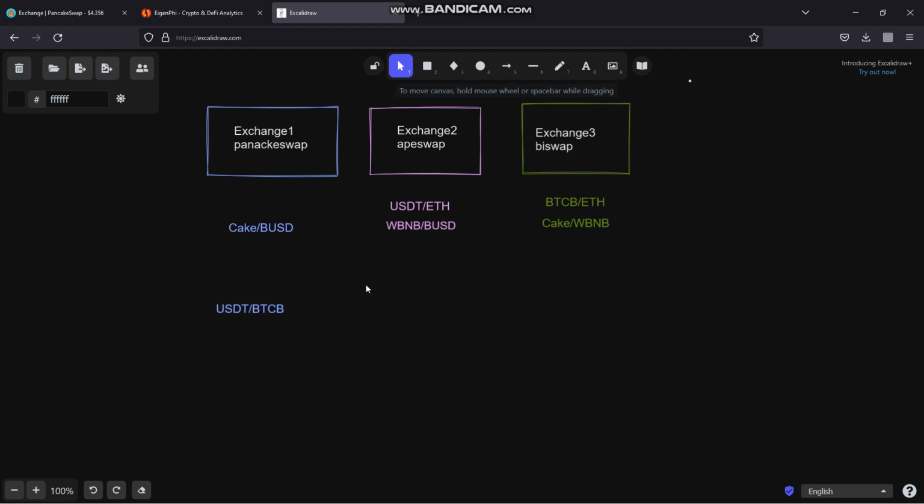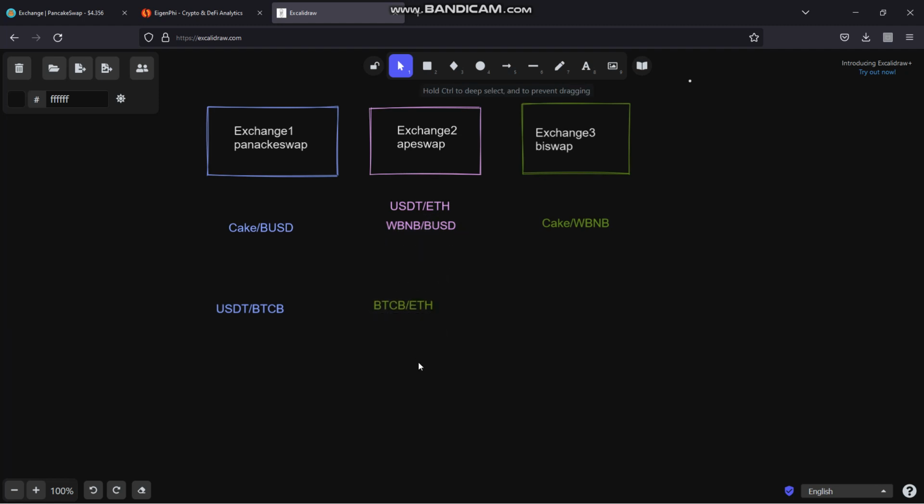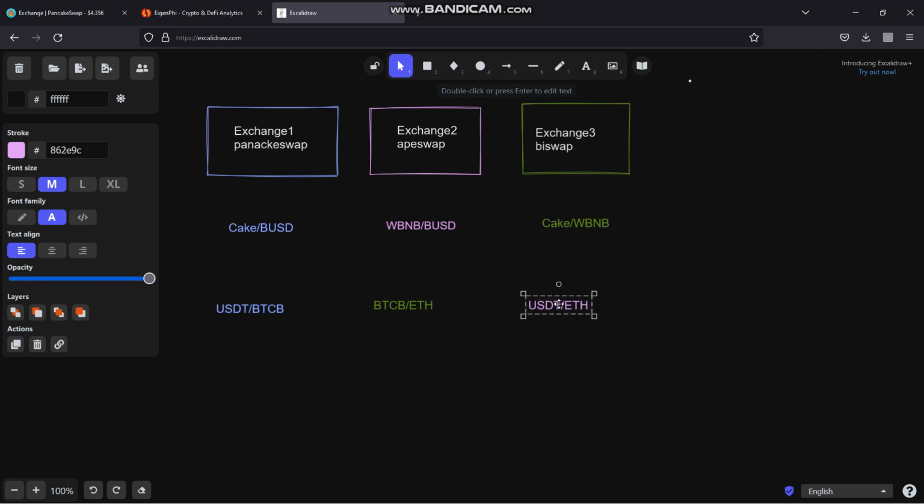Then it finds that there is an exchange here that has BTCB, and it picks that pair from exchange 3 as the second pair, and it checks again, is there any exchange that has ETH and USDT, and it goes to exchange 2, which is ApeSwap, and takes this pair.